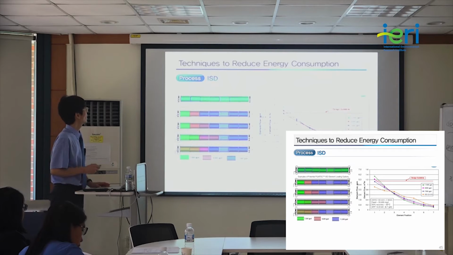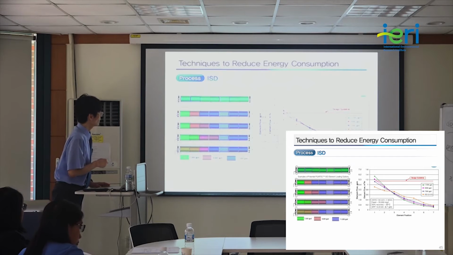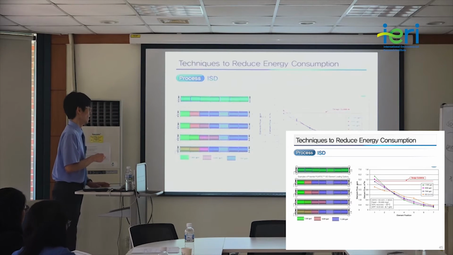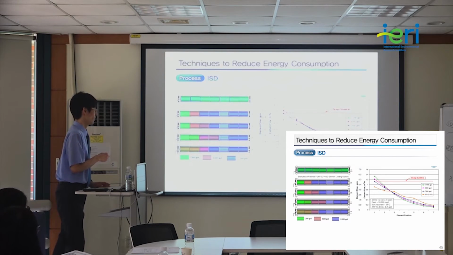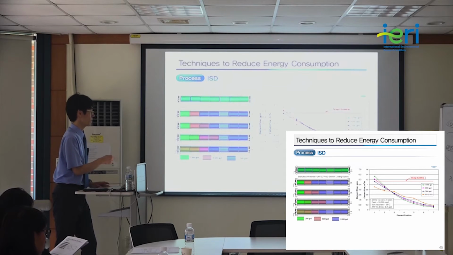In this case, inside the membrane vessel, people put different types of membranes by equalizing the product flow rate along the membrane vessel or membrane module.